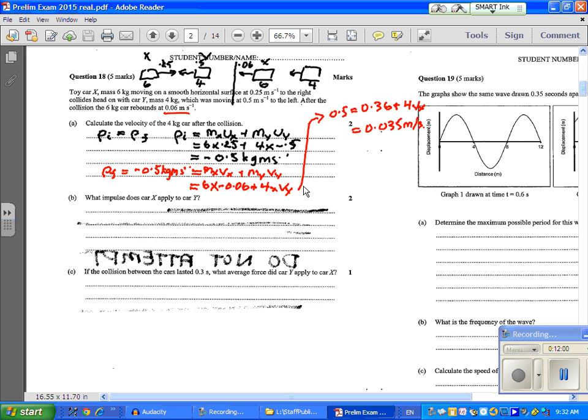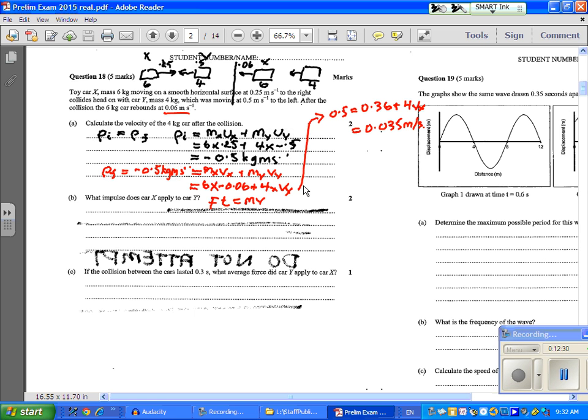Now, the impulse here, don't forget, a lot of people when they see the word impulse are immediately going to think that what they need to do is use the formula Ft equals mv. But what that actually tells you is the impulse is equal to the change in momentum of something, isn't it?